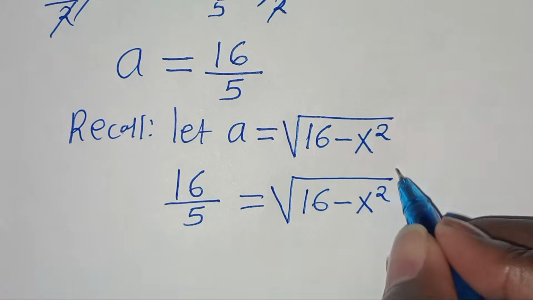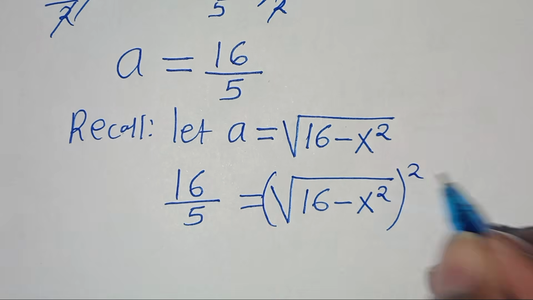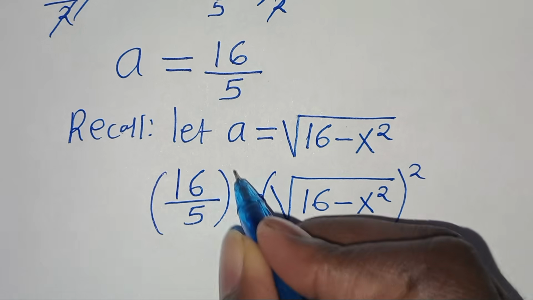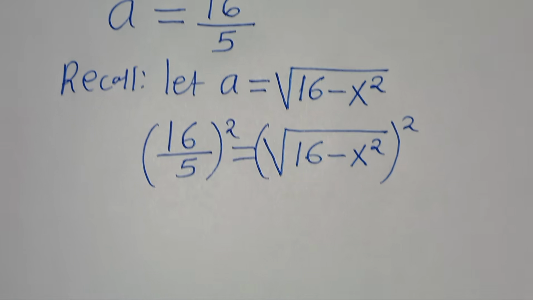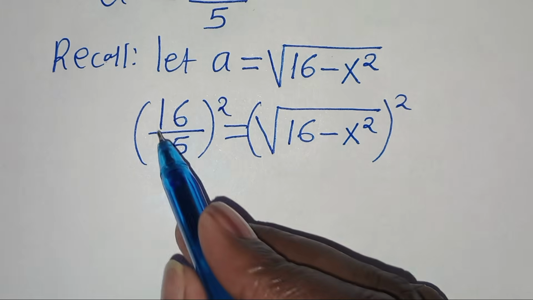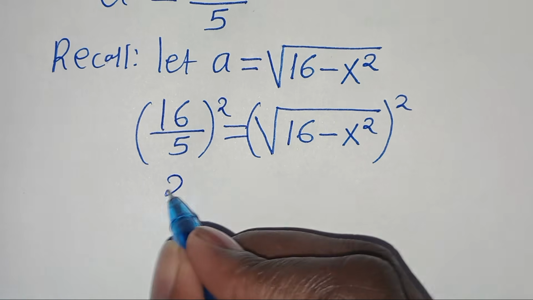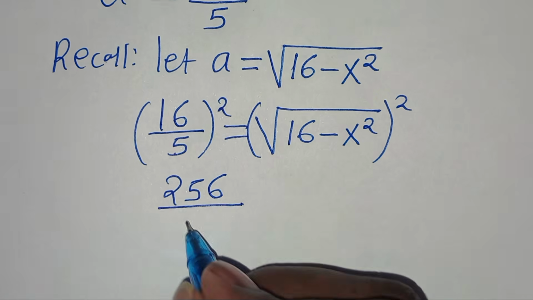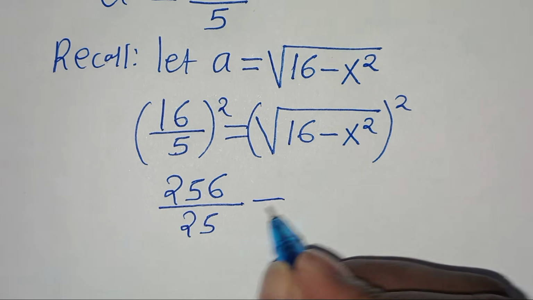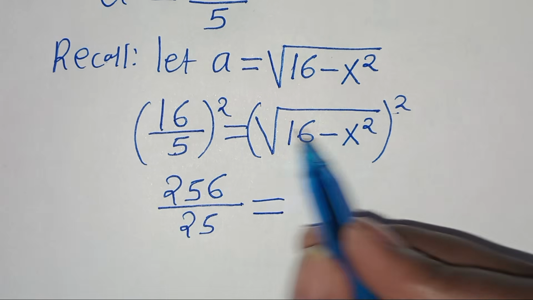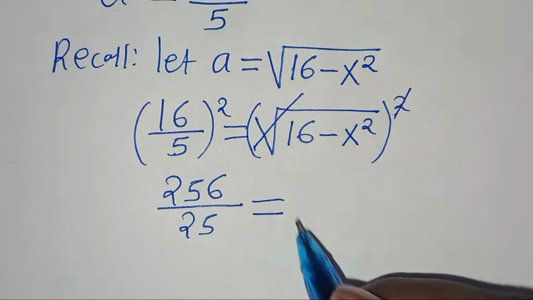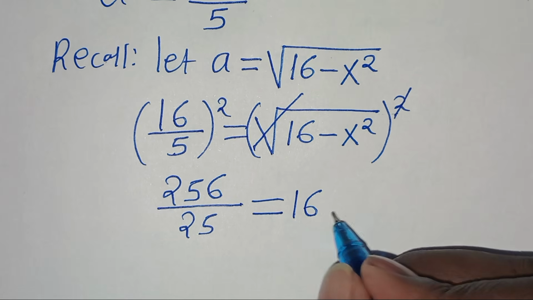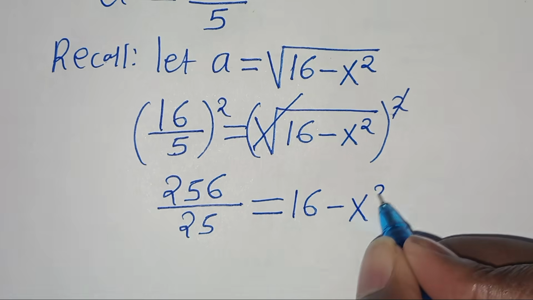To solve for x, let's square both sides. So here we have 16 squared, which is 256, divided by 5 squared, which is 25, equal to, eliminating the square root sign, 16 minus x squared.